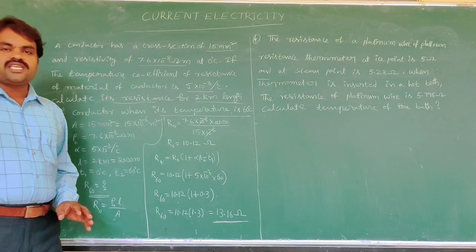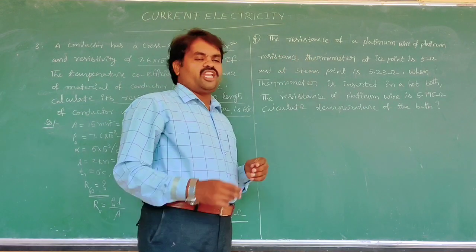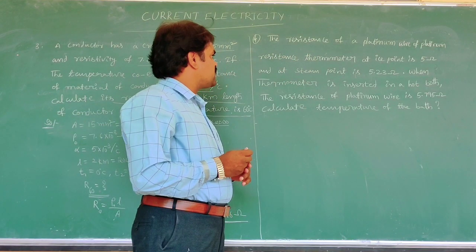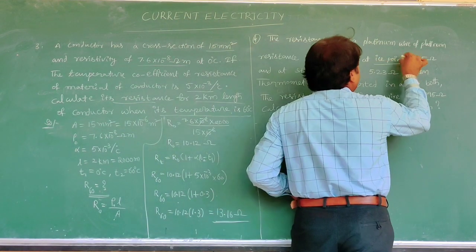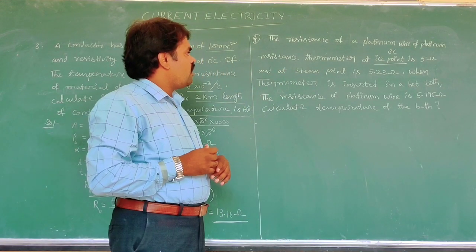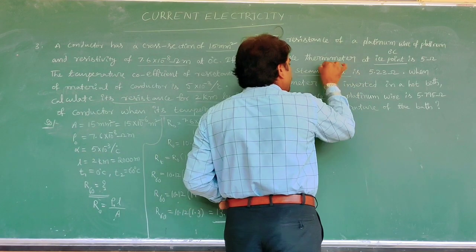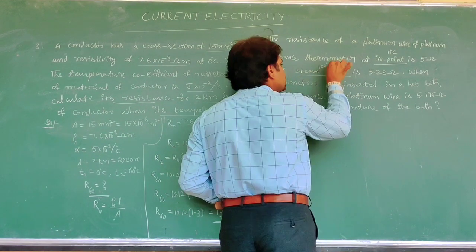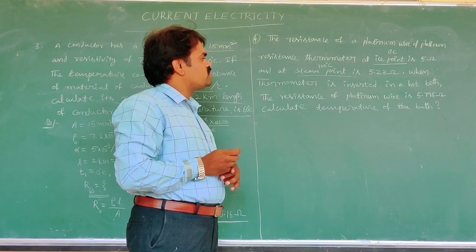Now we are going to discuss the fourth problem. The resistance of a platinum wire of a platinum resistance thermometer at ice point. What is the meaning of ice point? Ice point is 0 degrees Celsius, is 5 ohms. At the steam point, what is the steam point? The boiling point, that is 100 degrees Celsius, is 5.23 ohms.